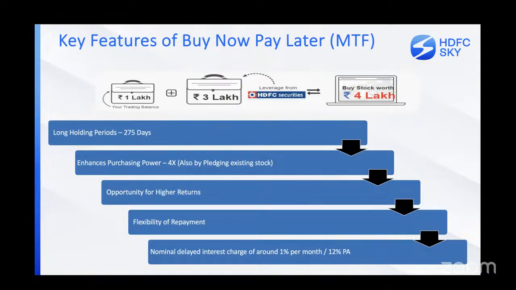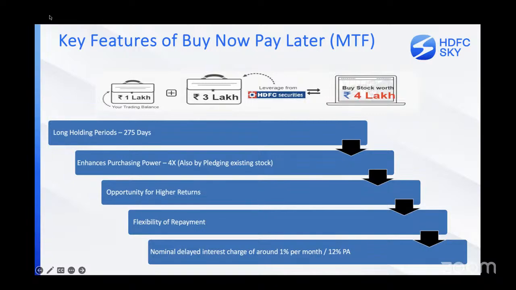Your profit will be on 4 lakh, that is 40,000. Instead, if you had bought only one stock, your profit would be 10,000. So in this case, MTF helps.